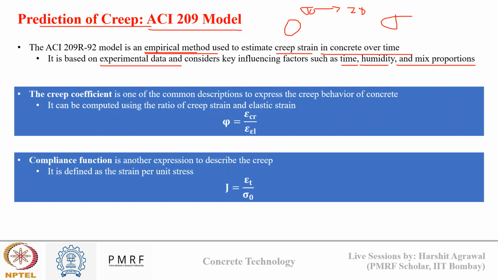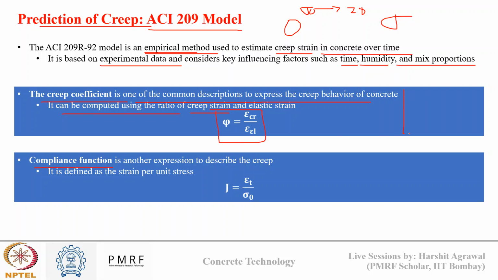When we are talking about quantifying creep in concrete, there are two commonly used terms. First is the creep coefficient, and second is the compliance function. The creep coefficient is the common way to express creep behavior in concrete, and it is the creep strain upon elastic strain.